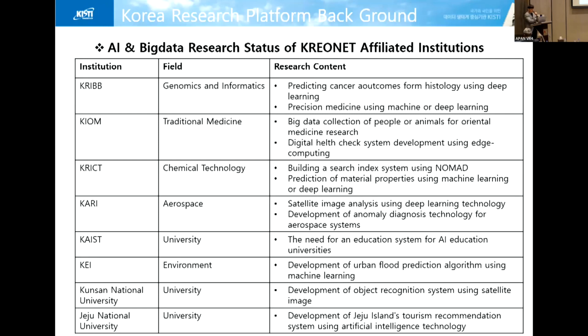For the same reasons as in the table above, there were requirements for an AI platform. Currently, a lot of development has been completed. So in recent cases, various projects are being carried out with various groups in Korea using data provided by the government.